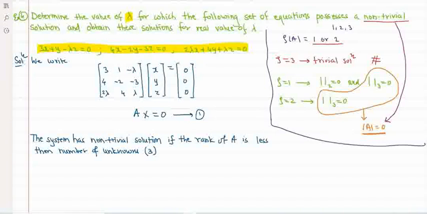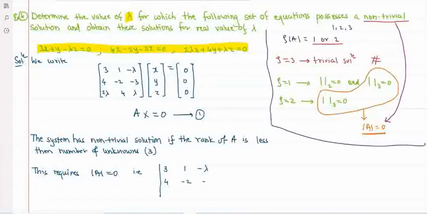So for this requires determinant of A is equal to 0, that is determinant 3, 1 minus lambda, 0; 4, minus 2, minus 3; 0, 2 lambda, 4 and lambda, this is equal to 0.